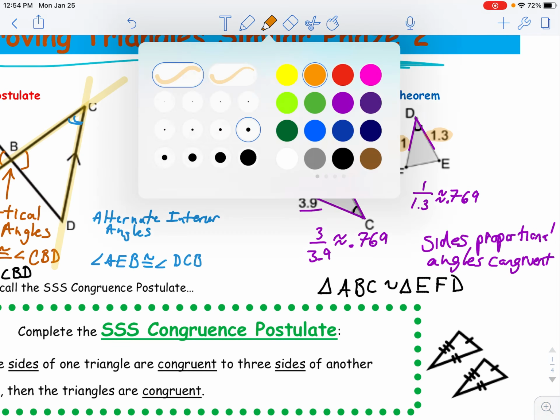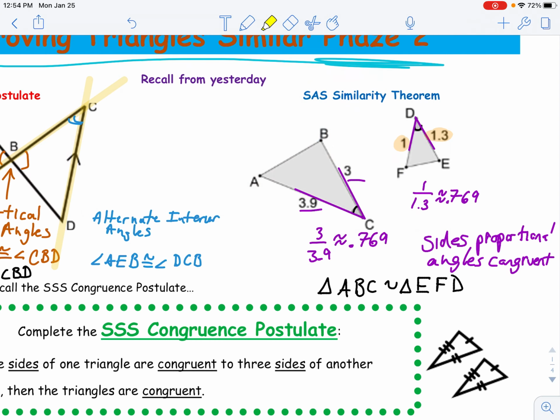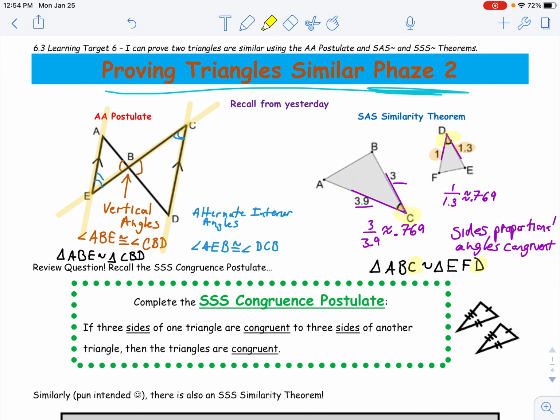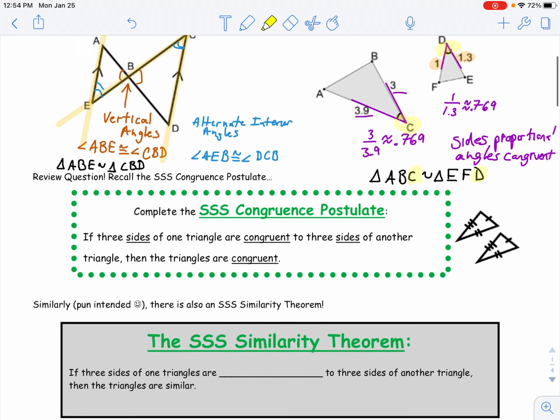All right, that's a similarity statement. Remember, we'll just look at one angle, but C and D are congruent. Those are the corresponding ones, so they must match up in the similarity statement. So that's a recall from yesterday.